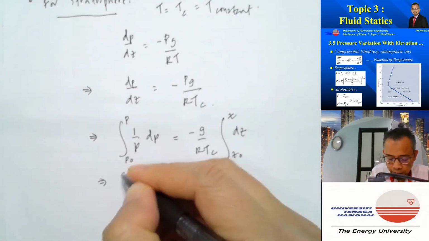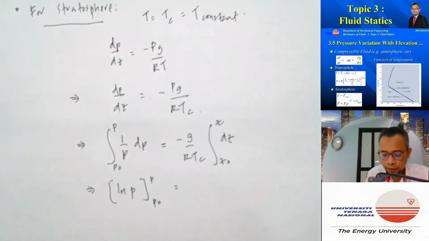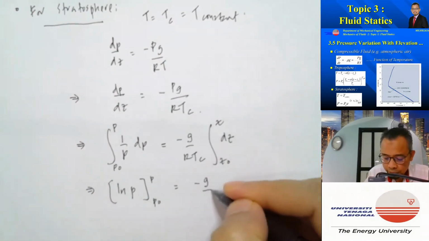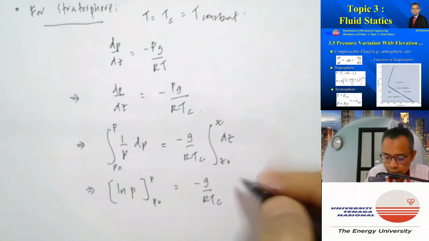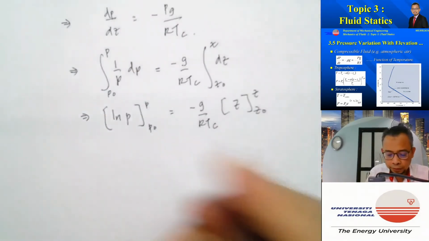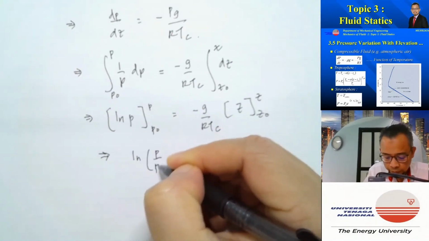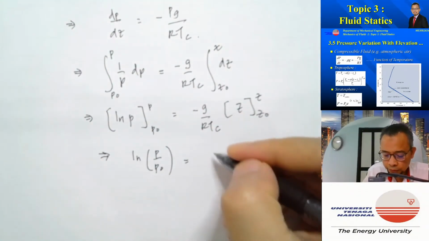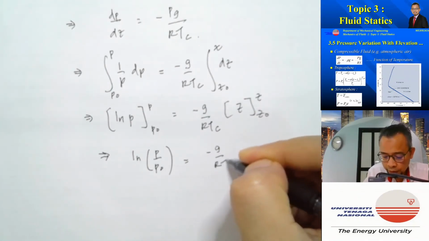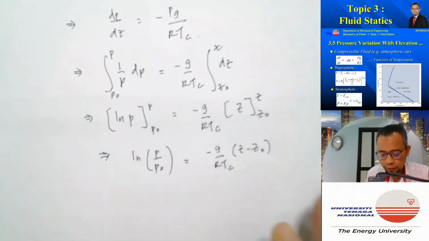This gives me log P from P0 to P equal to minus g over R Tc times z from z0 to z. So I have log P over P0 equal to minus g over R Tc times (z minus z0).